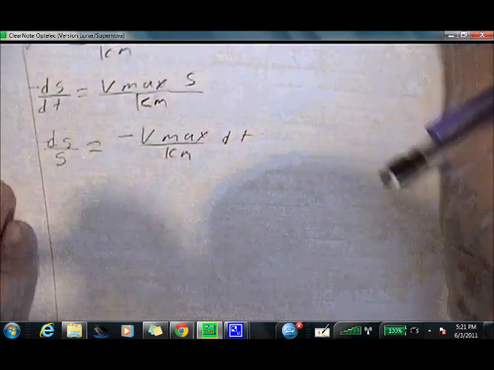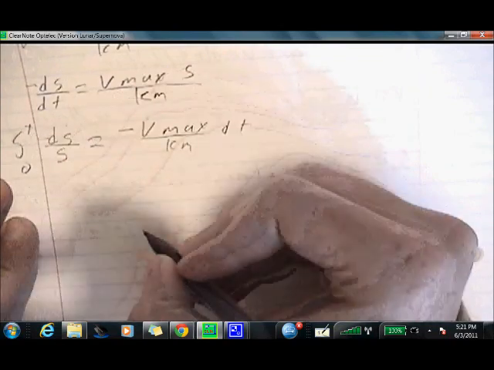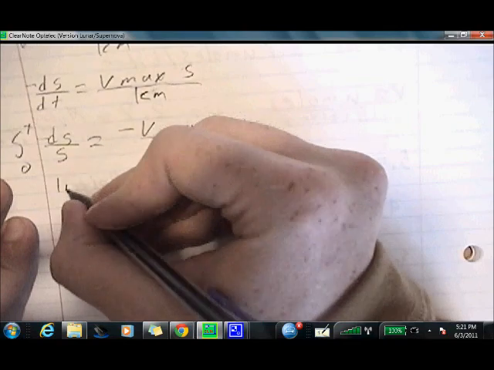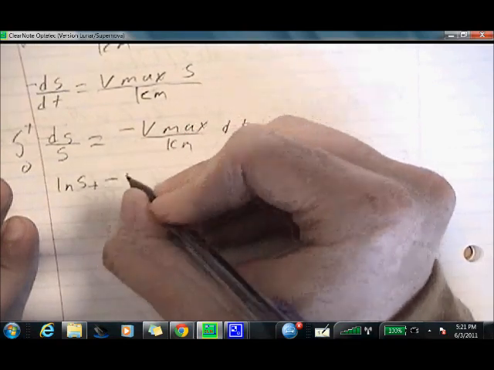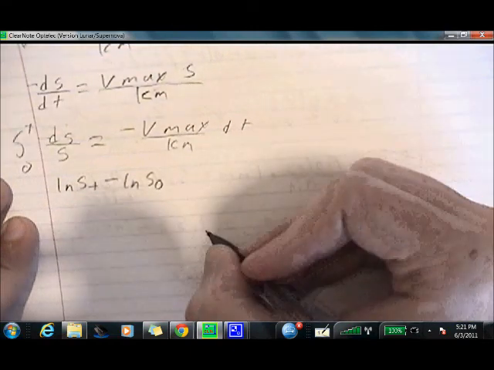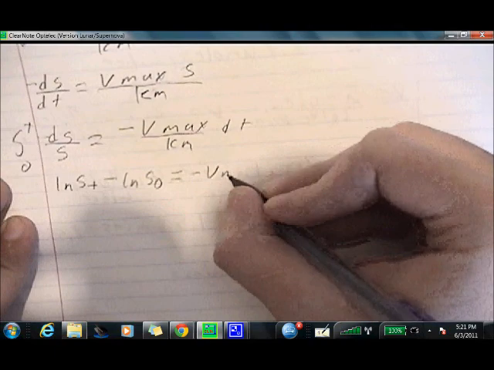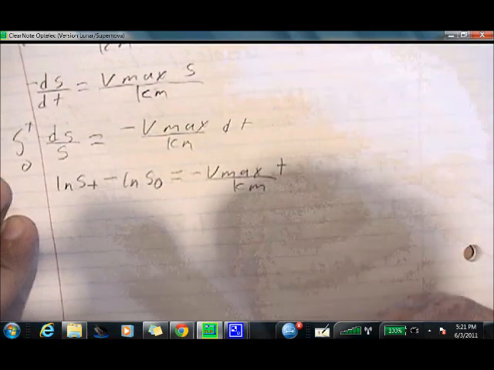This is going to be integrated from 0 to t. Now this is going to be ln of st minus ln of so. It's going to equal negative V max T over Km.